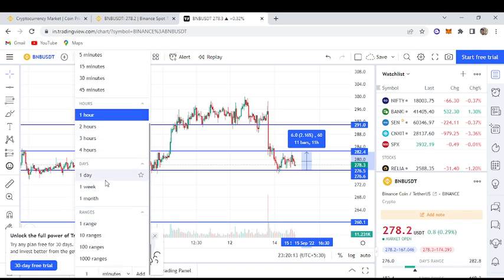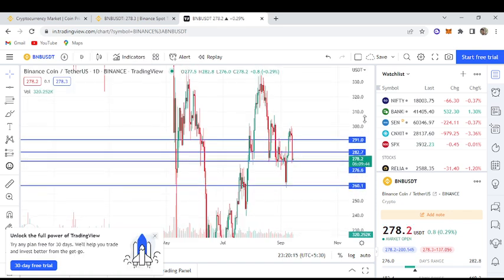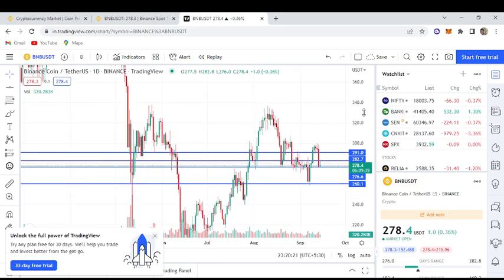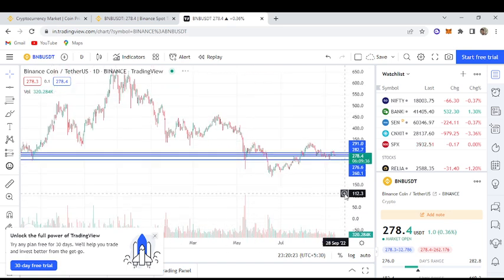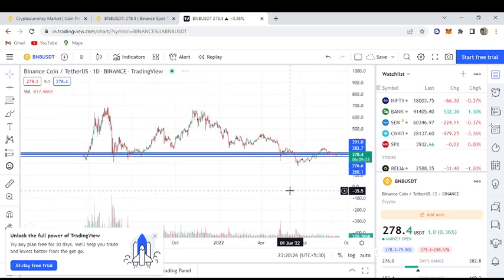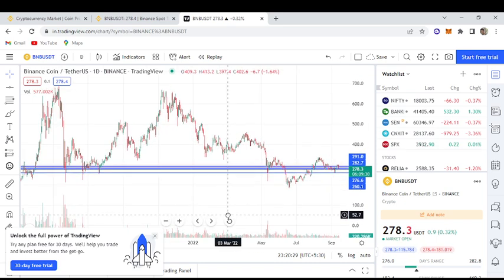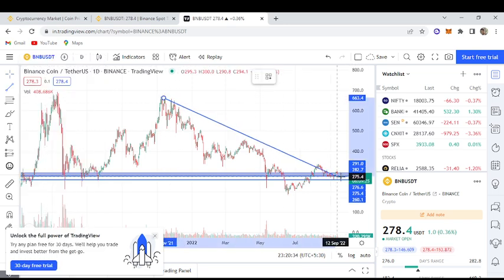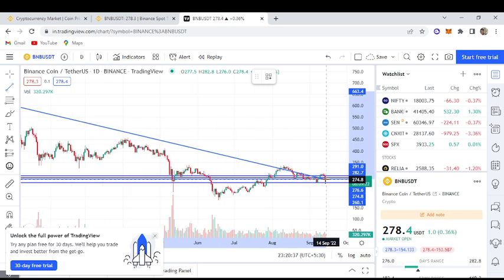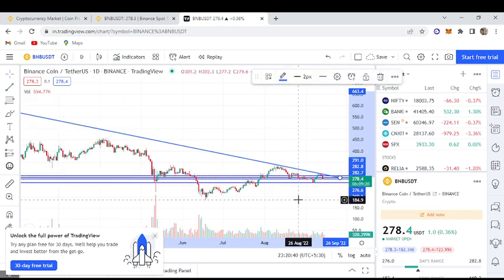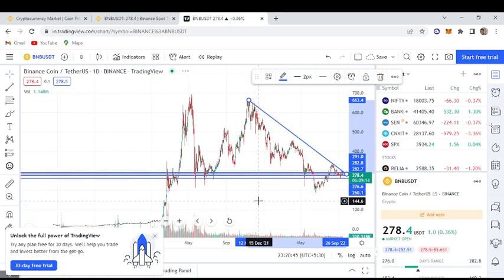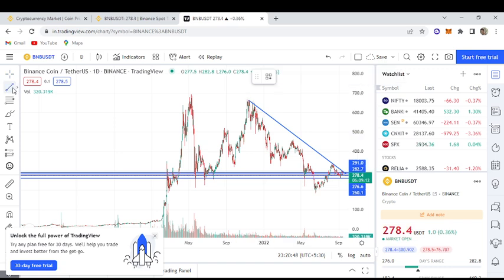If we go deeply into a long-term chart, the days, we can see we're currently in the bearish zone. That's a good chart right here. I can literally draw a trend line from there. So you can see the trend line, and that's the highest high for BNB.